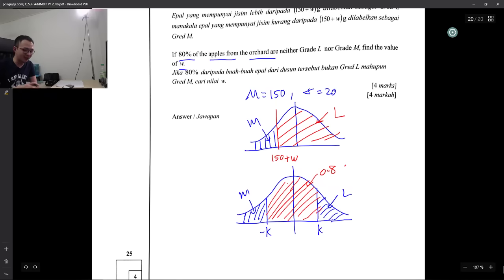I guess this is what they are trying to say, and then I went through the marking scheme.